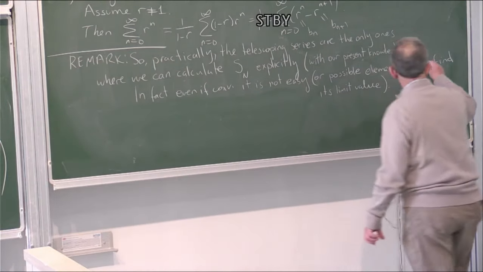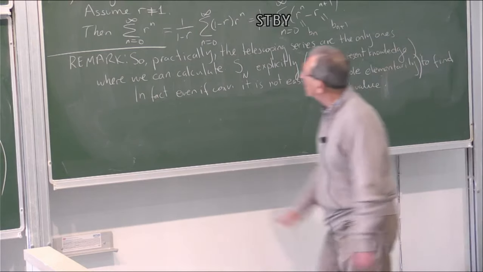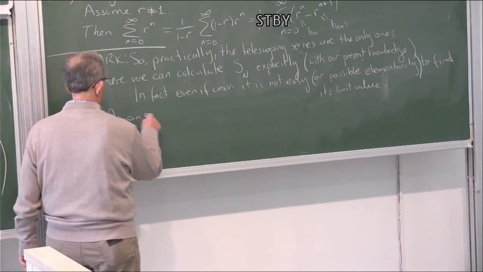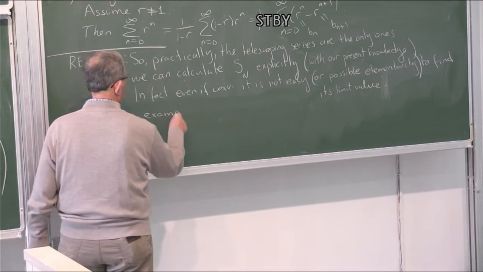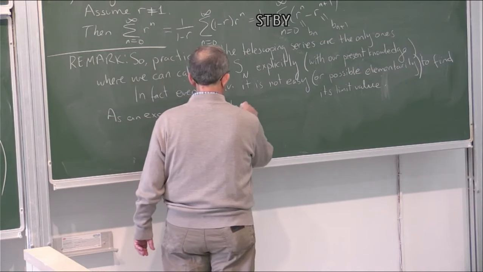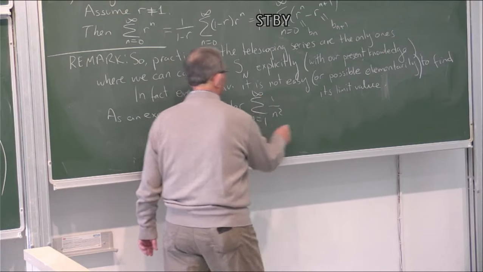As an example, consider the series sum of 1 over n squared, n from 1 to infinity.